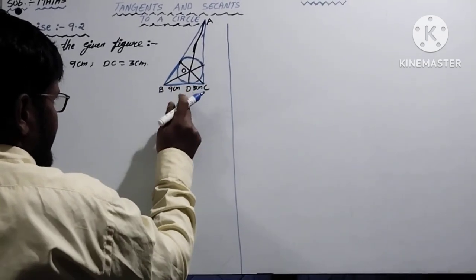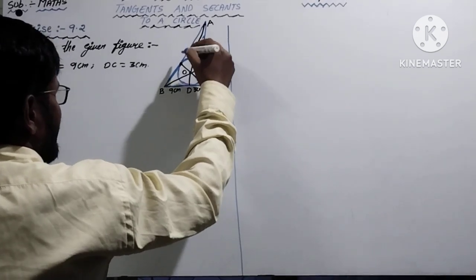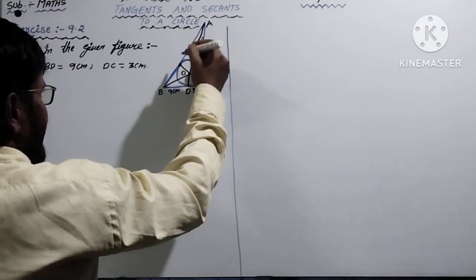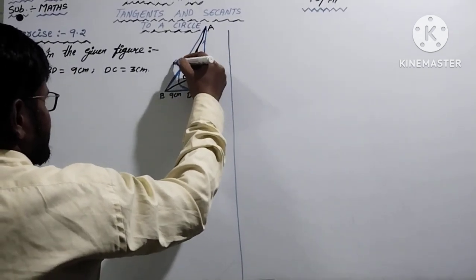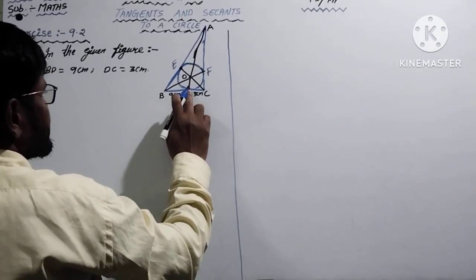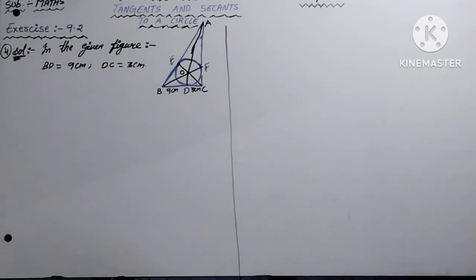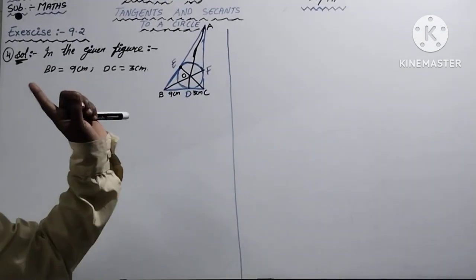Then take these points as E and F, wherever you can take them. I have taken three more points, D, E, F.